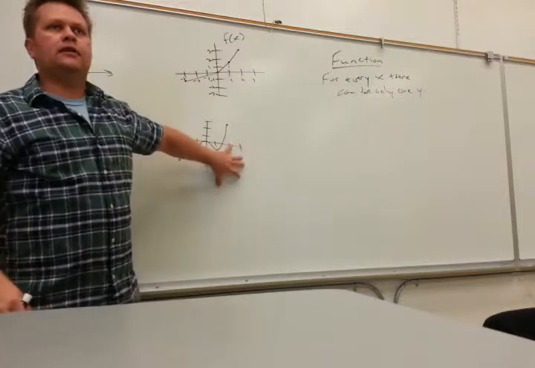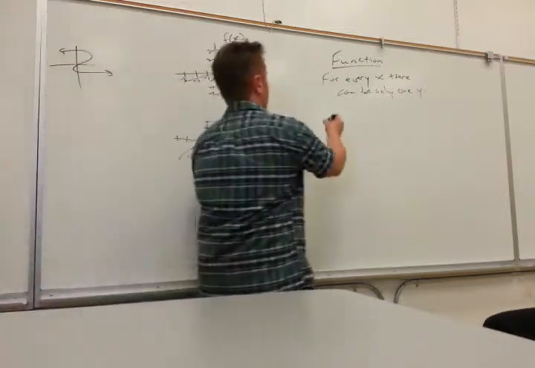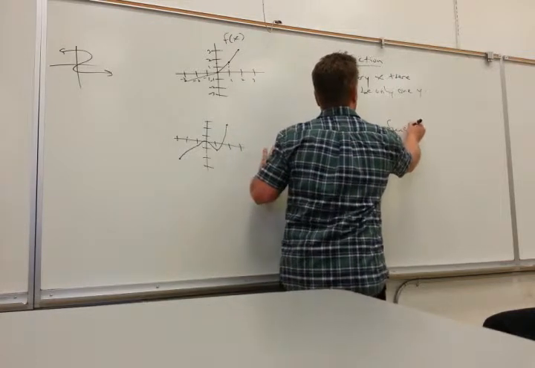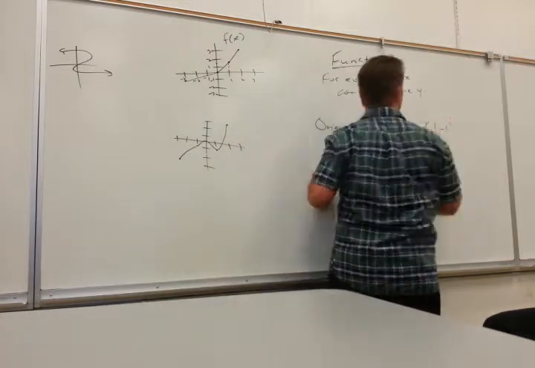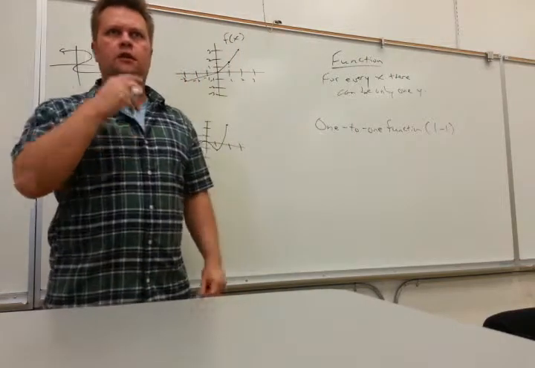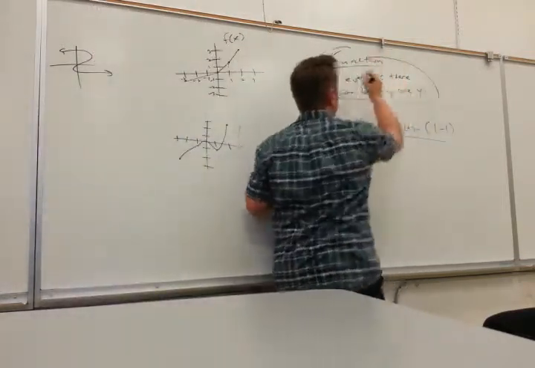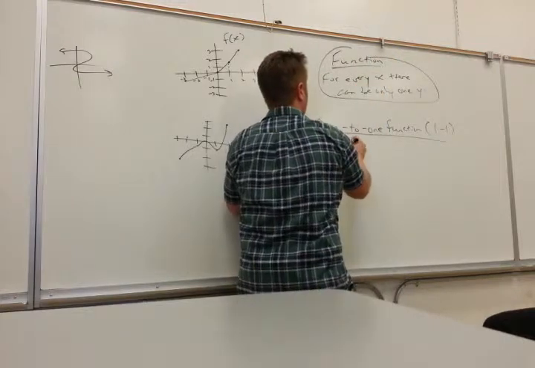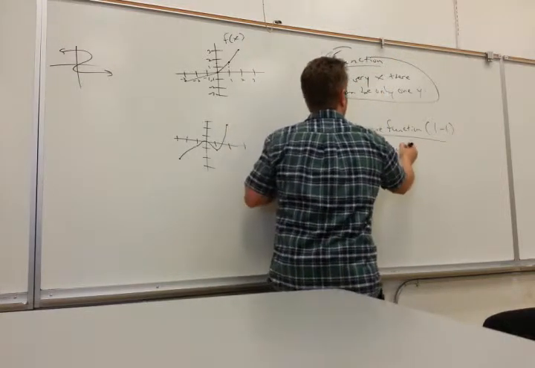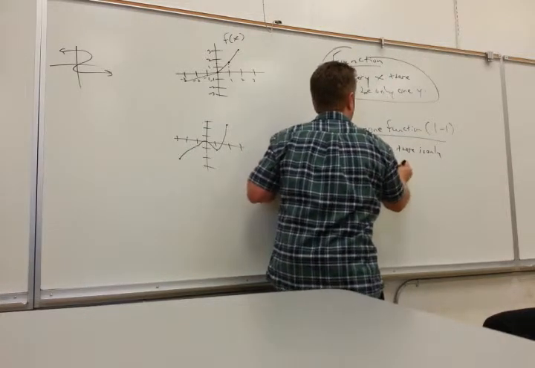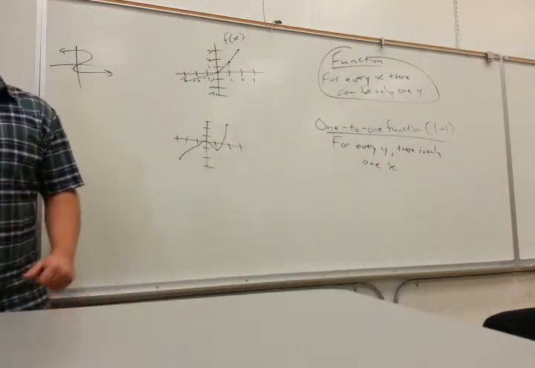For this kind of thing, this is what's called a 1-to-1 function. For this to be true, not only does it have to be a function, but it also has to work the other way around. For every y, there's only 1 x.